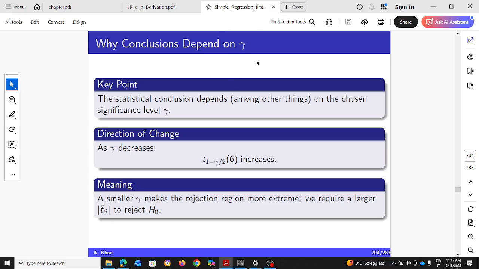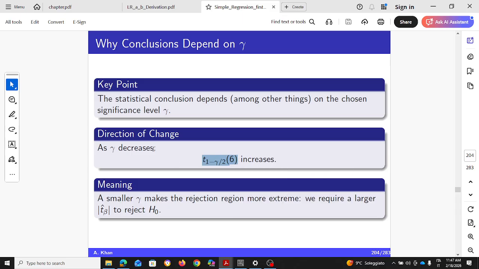Now, the critical value I'm talking about depends on gamma. It also depends on other things, but the main contribution is from gamma. Generally, if the value of gamma decreases, from the 5% we had, this gives us a bigger value.